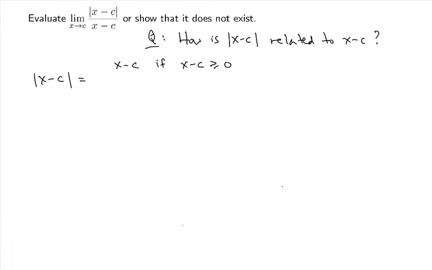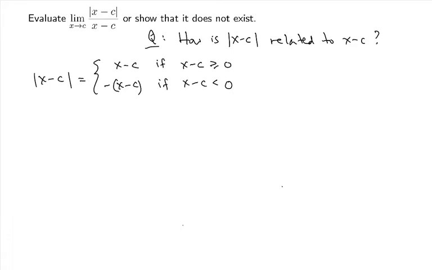If you take the absolute value of -5, you get +5, which is really the negative of what you put in. So if your x minus c is negative to begin with and you take the absolute value, the function is going to change the sign of it. Those are the two possibilities for what the absolute value of x minus c can be.